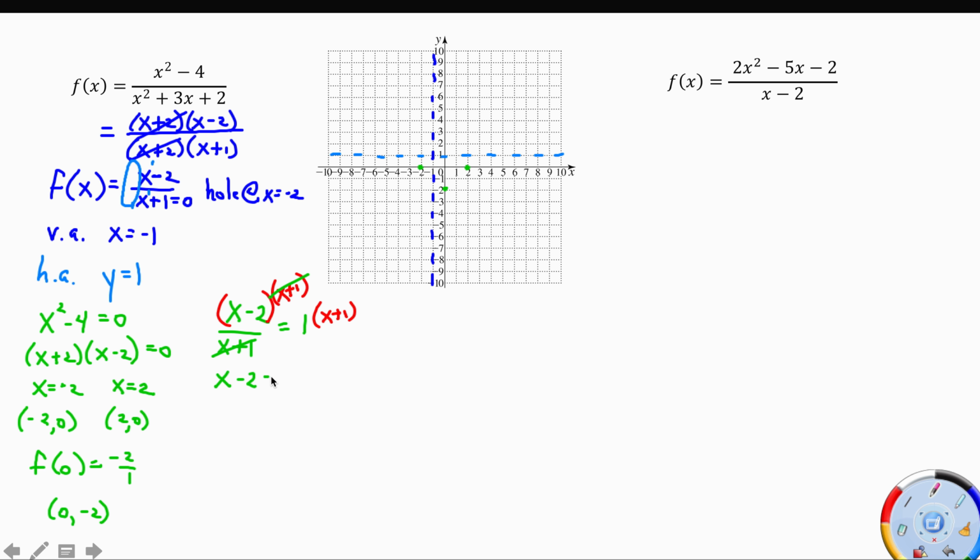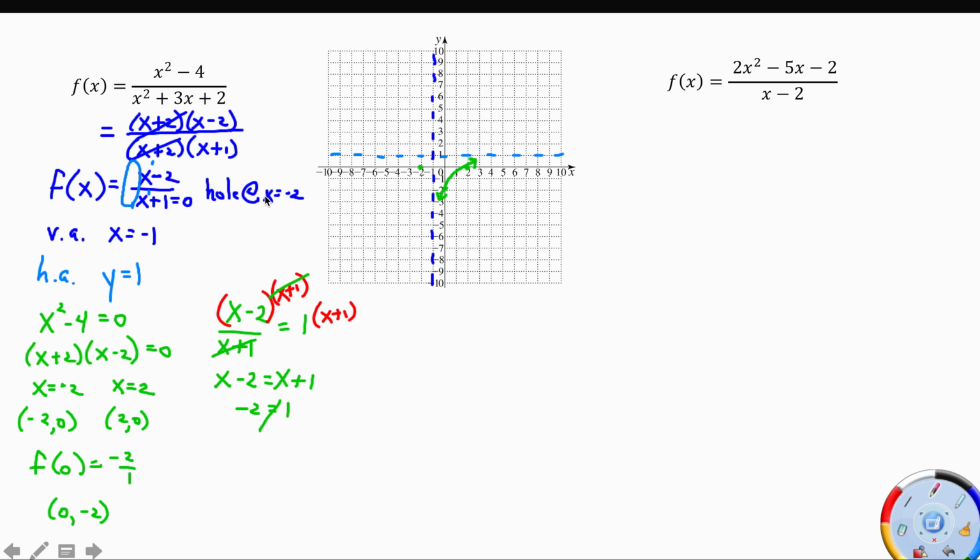So x minus 2 equals x plus 1, subtracting x, negative 2 equals 1. No, it does not cross it. I'm good to go on this side. I'm actually good to go on this side also.